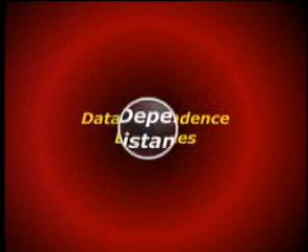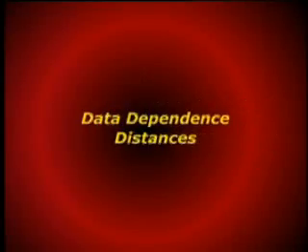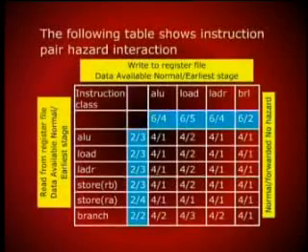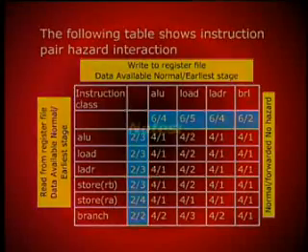Now, this data dependence distance is indicated in the next slide. Different instructions, ALU, load, load address, and branch with link, are indicated, and the distances between the two for write and read from the register file are indicated.